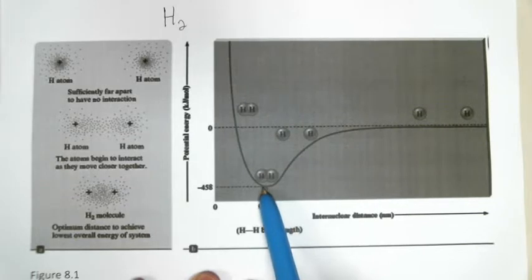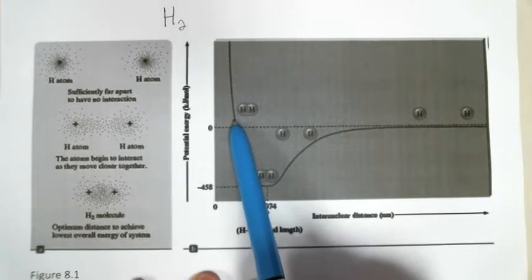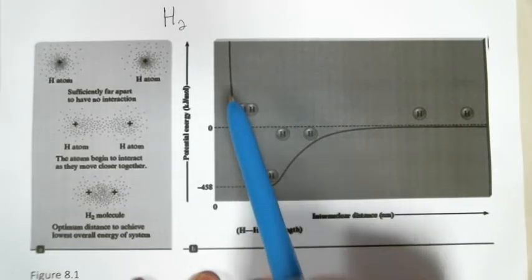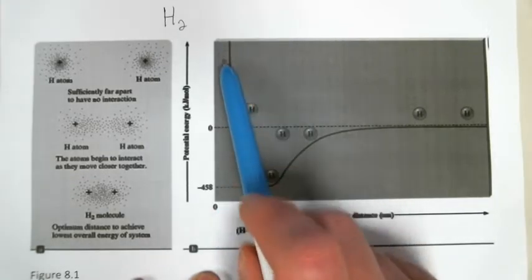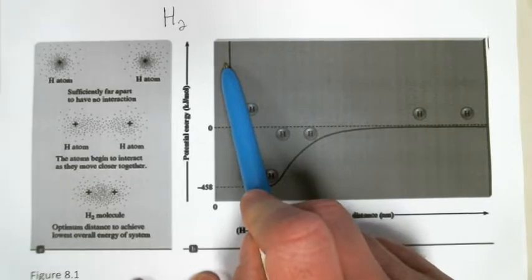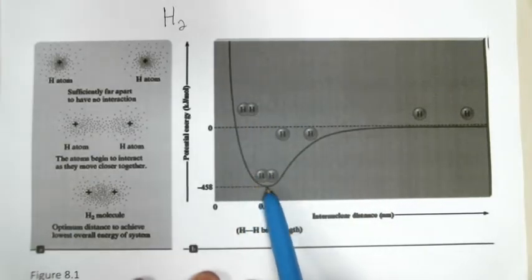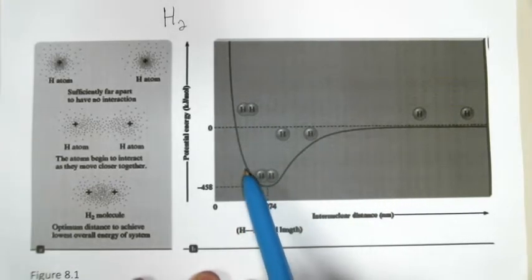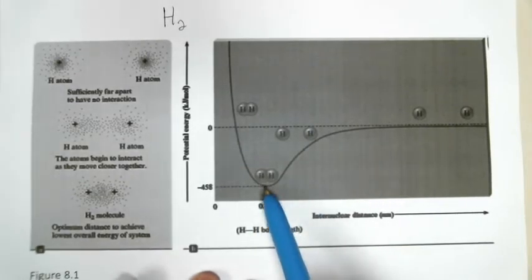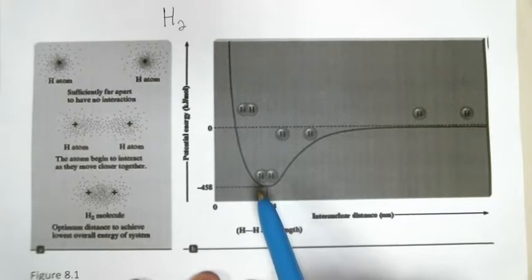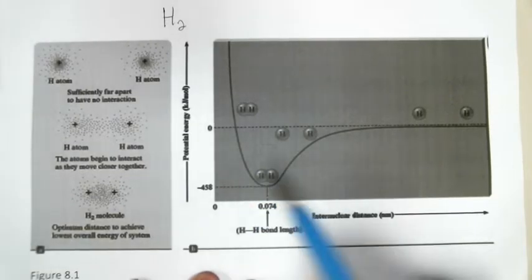If you squeeze those nuclei closer together, there's a lot of resistance to that, right? Because they're positively charged, and you can't get them closer together, and the energy just goes shooting way up. And in fact, the molecule will sit and kind of vibrate down in this potential energy well, right? And so the minimum energy, that's the formation of a bond.